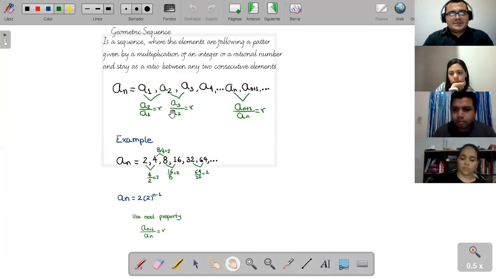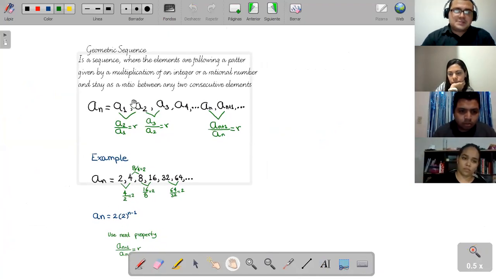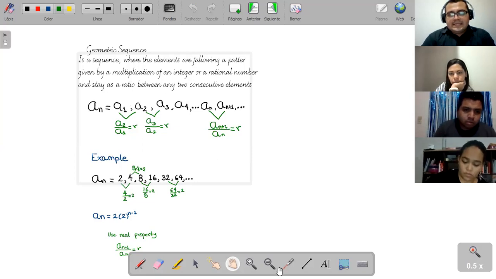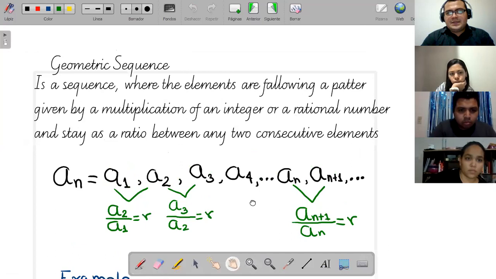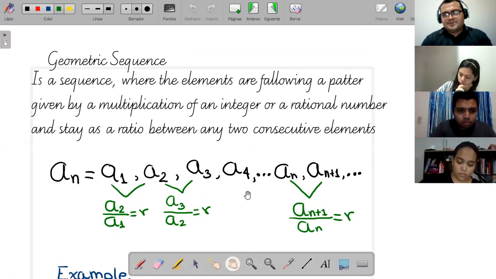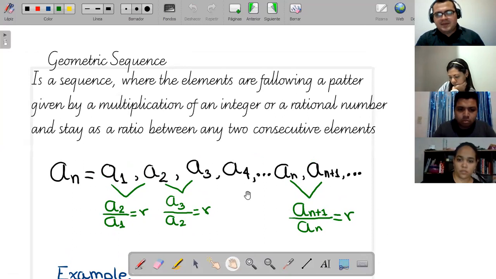So we can check here the geometric sequence, which now is our topic. It's a sequence that is not following an addition. And I don't know if in statistics you ever heard of the arithmetical mean and the geometric mean. Those are a little related with this one.